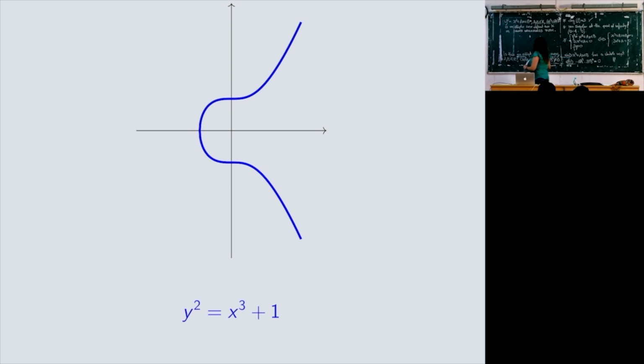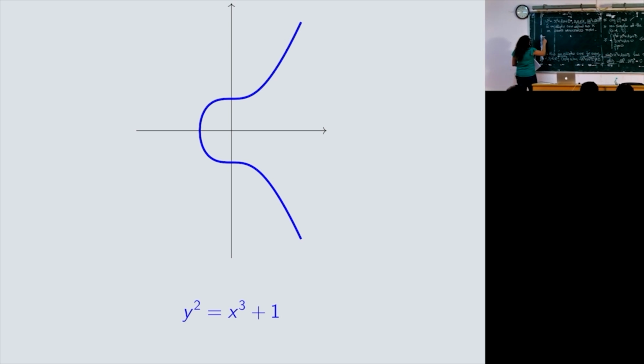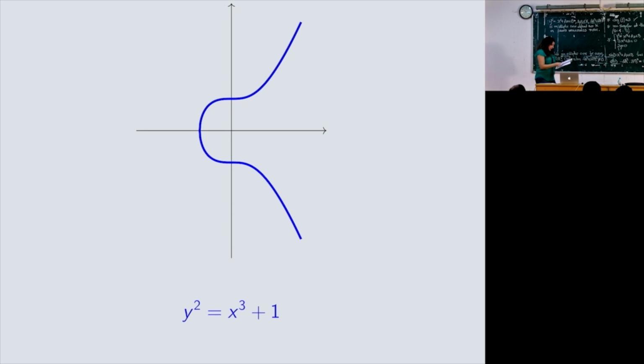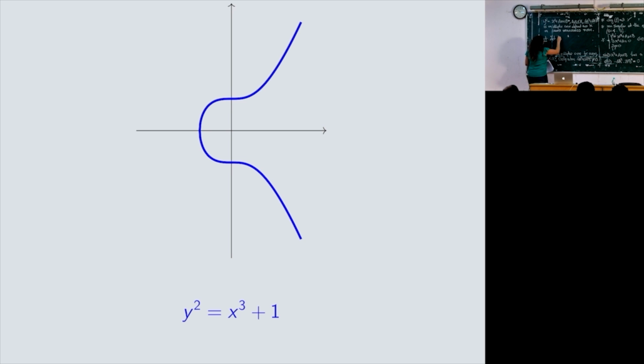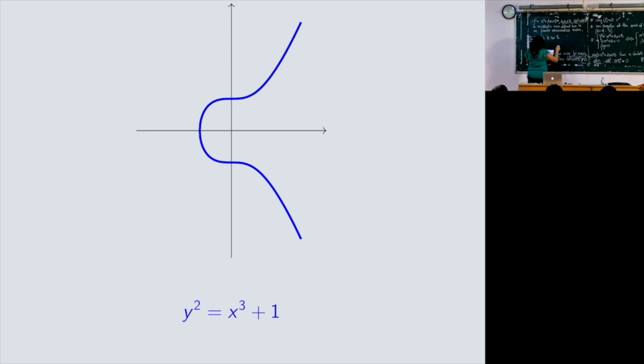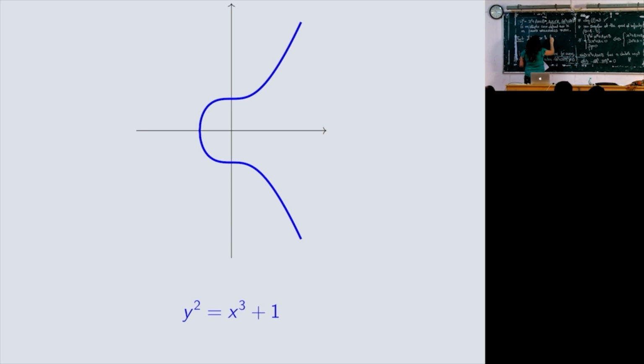Again, something that we don't have time to show, but that you have to keep in mind, is that if K is a field of characteristic different from 2 and 3.